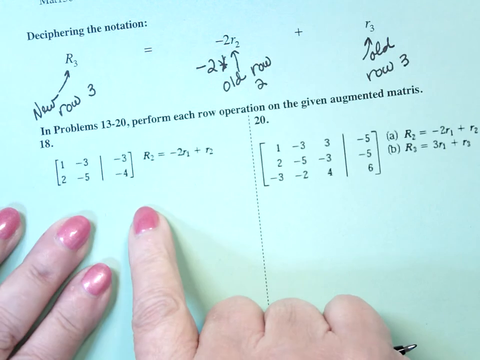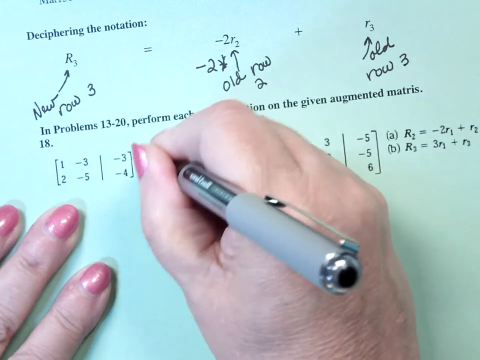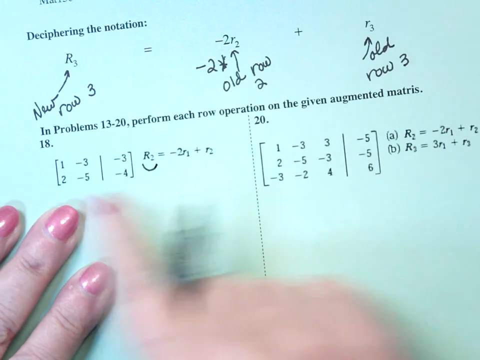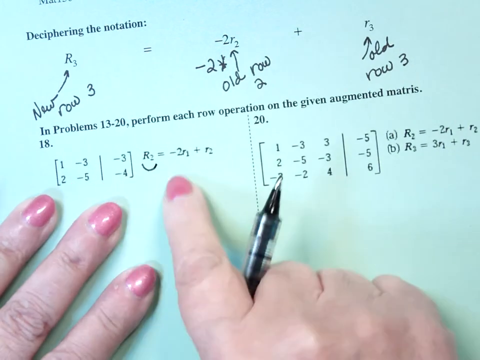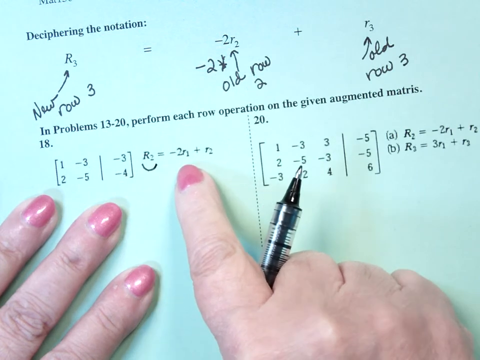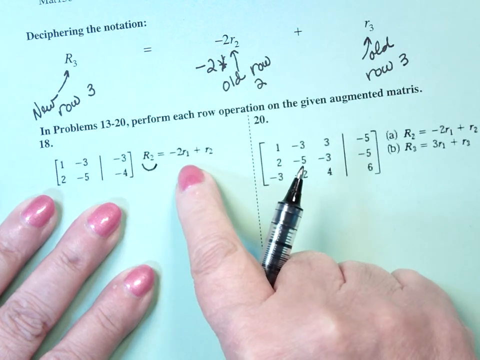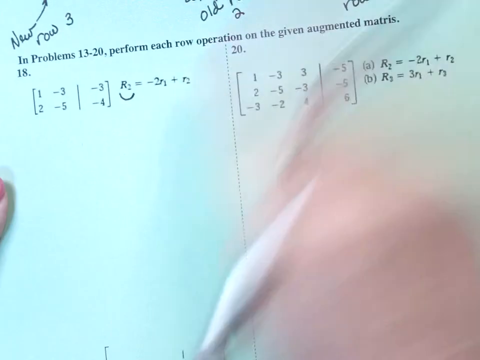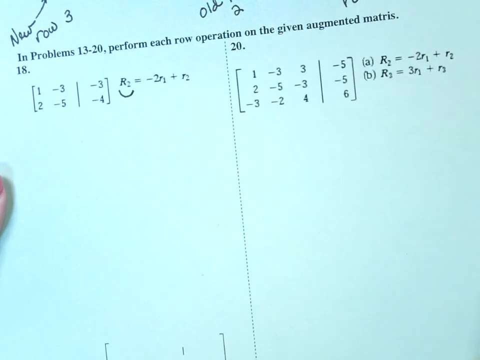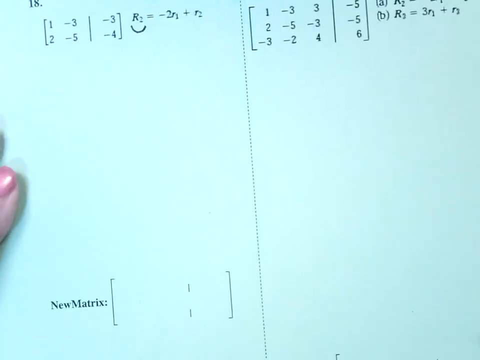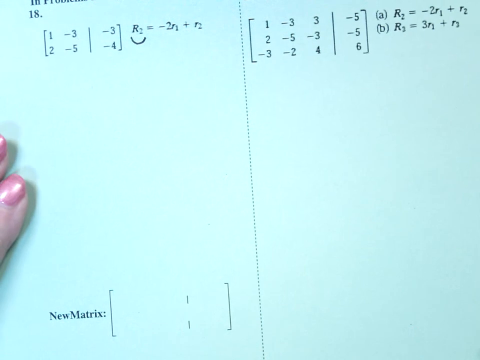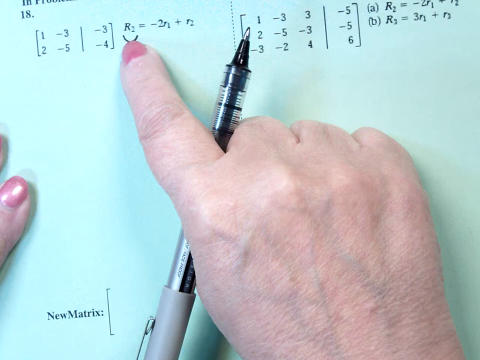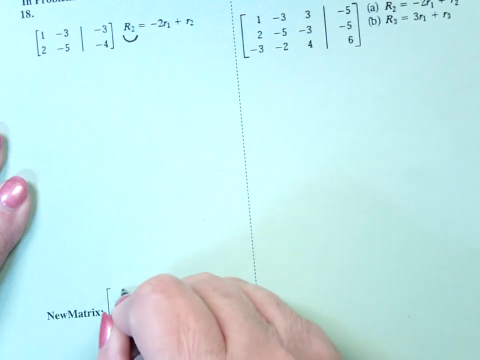The new matrix is going to be gotten by creating a new row 2 in the matrix. So it's going to replace the existing row 2 by taking negative 2 times the old row 1 and adding it to the old row 2.